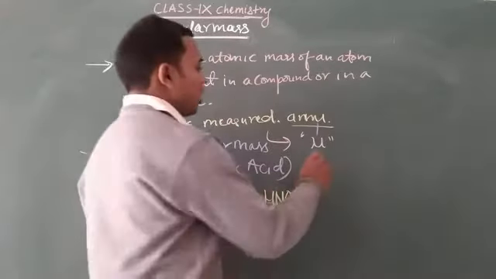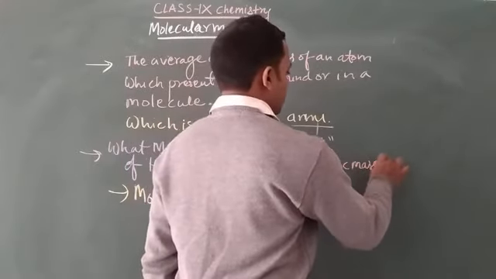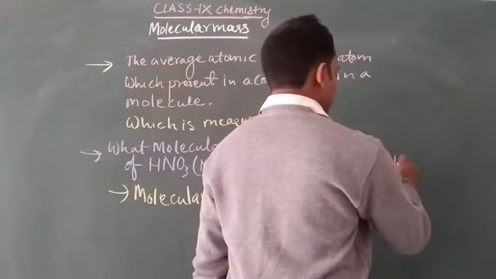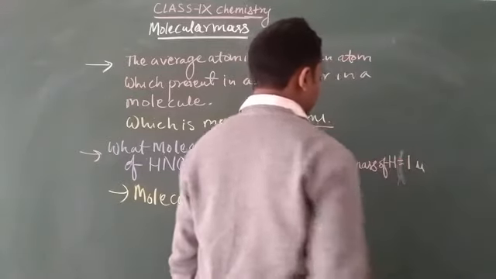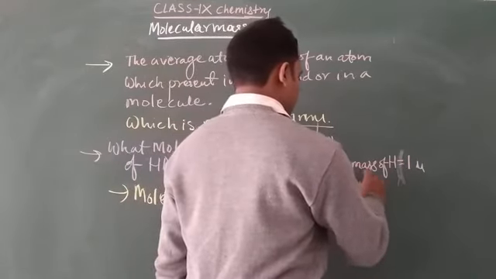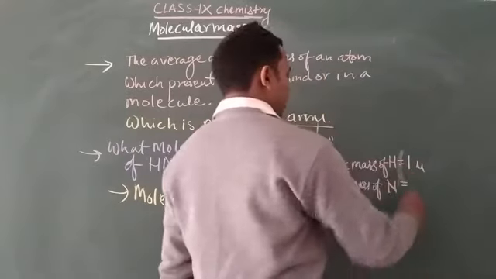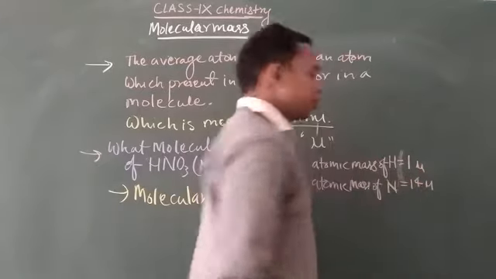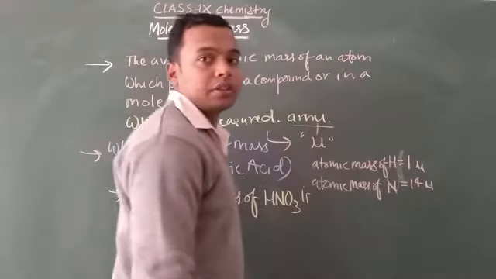The atomic mass of hydrogen, H, is 1 unified mass, and the atomic mass of nitrogen, N, is 14 unified mass.